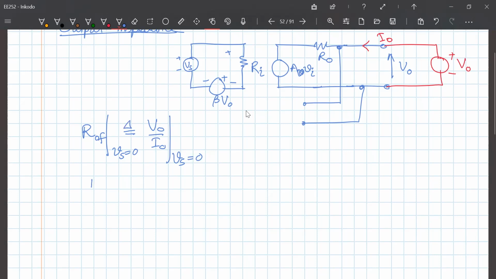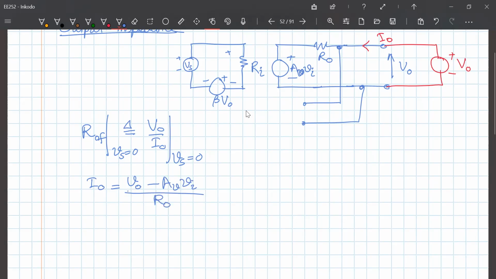Right, so I out is equal to V out, which is a voltage source now, minus the voltage here, Av times Vi, divided by the resistance in the circuit, which is R out.